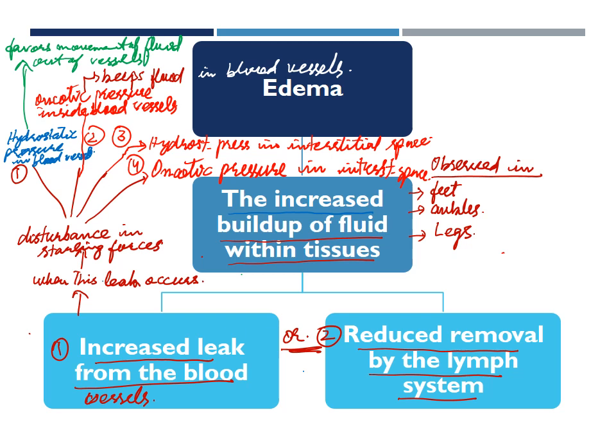Now, when this leak occurs, when there is imbalance of forces present in the circulatory system and present outside the circulatory system in the interstitial space, those forces are called Starling forces.